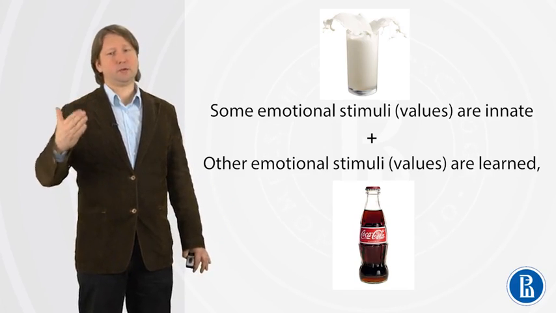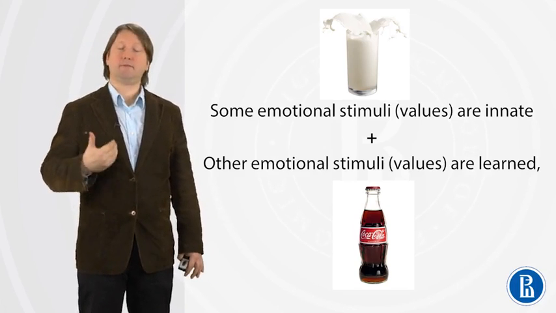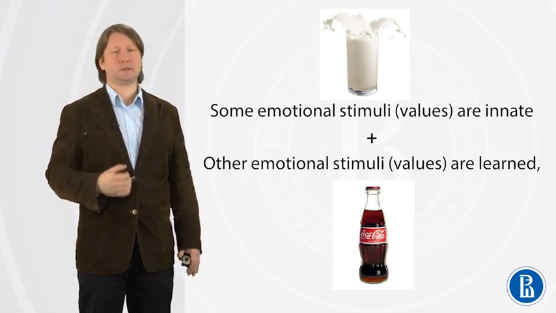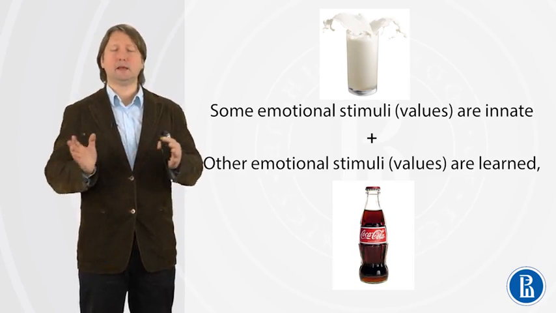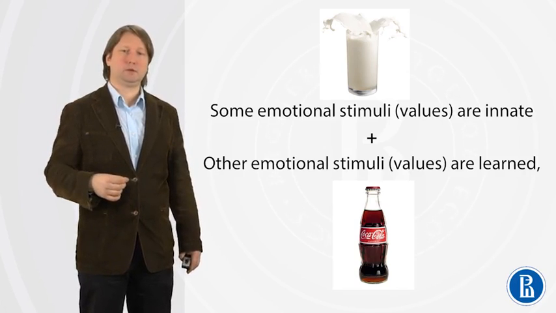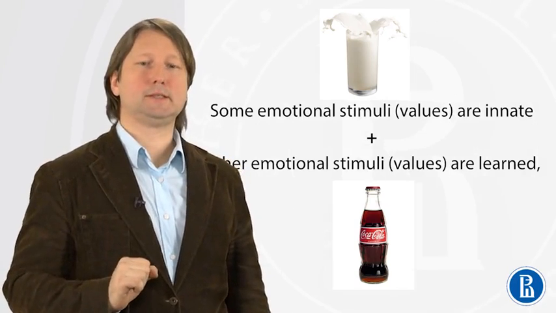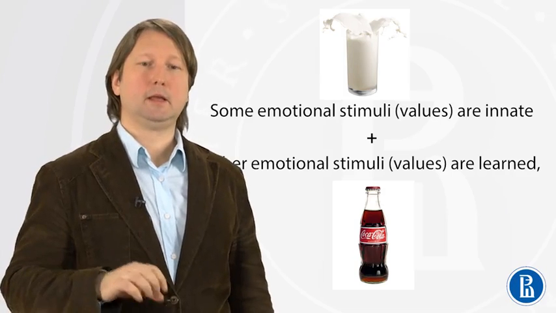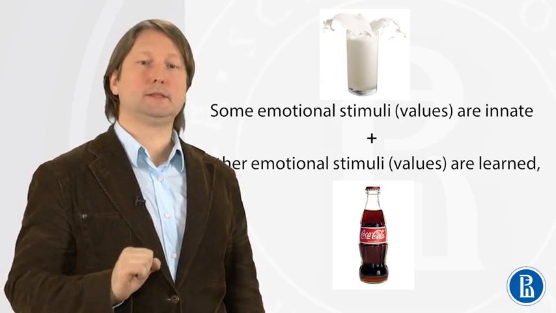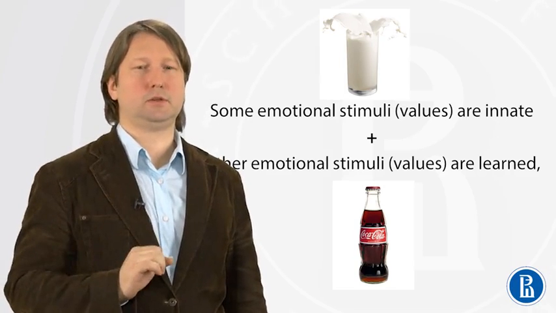One, an automatic processing of innate emotional stimuli that have innate values, and an additional system in the brain related to, first of all, amygdala and also orbitofrontal cortex, which is involved in active learning of new values or updating of values. So we will focus on the second system, and we will see today that learning of values, learning of emotional meanings of the stimuli can dramatically modulate our decisions and also our financial decisions.